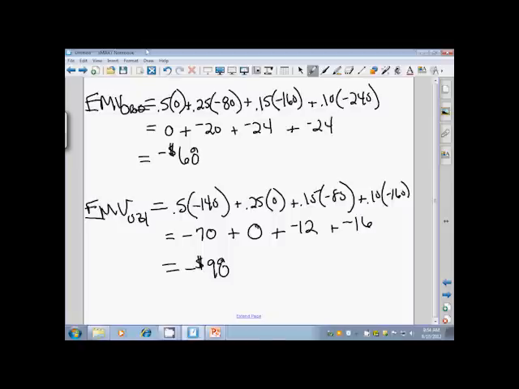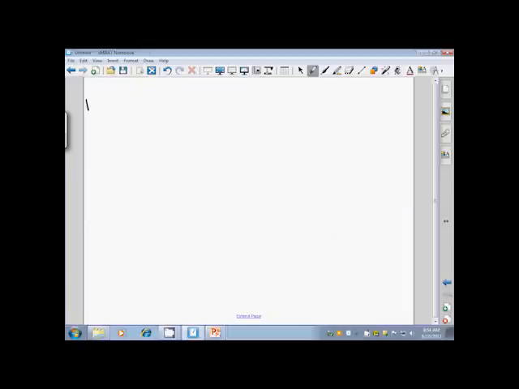So looking at this so far, would you want to overbook 0 or 1 room? I would want to overbook 0 rooms because we're going to be losing less money that way. Let's take a look at our expected monetary value for overbooking 2 rooms. Again, we had that 0.5 probability of 0 cancellations, and if we overbooked 2 rooms, we said we were going to be out $280.